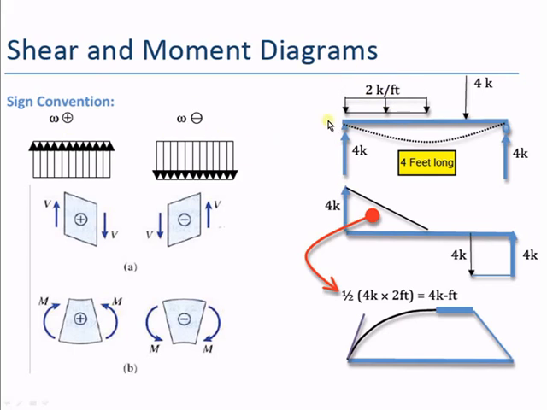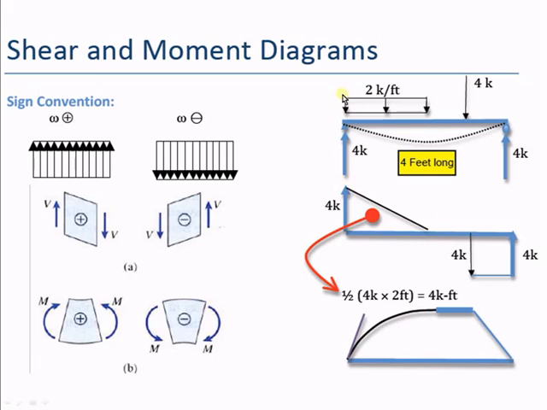That's negative. Okay, so because it's acting down, the value on the loading diagram is equal to the slope on the shear diagram. So the value is acting down. It's a minus 2 kips per foot. That means this slope here is minus 2 kips per foot. Okay, so the value on the loading diagram is the slope on the shear diagram.